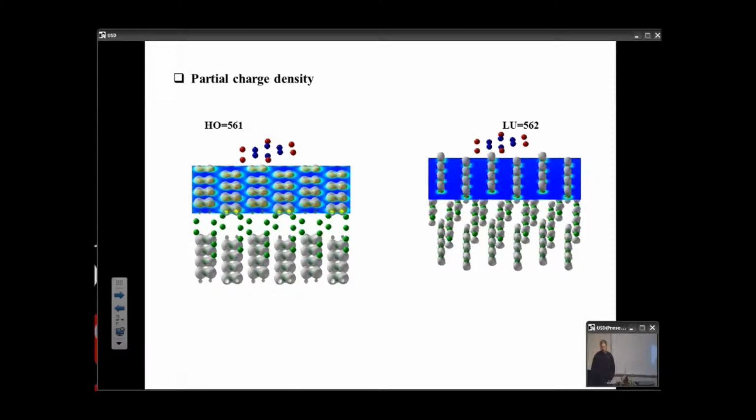We also drew the partial charge density for the new system, which has the hexafluorobenzene and the gold. We drew the HOMO orbital 61, which shows the p orbital of benzene, and we expect the d orbital from the gold.